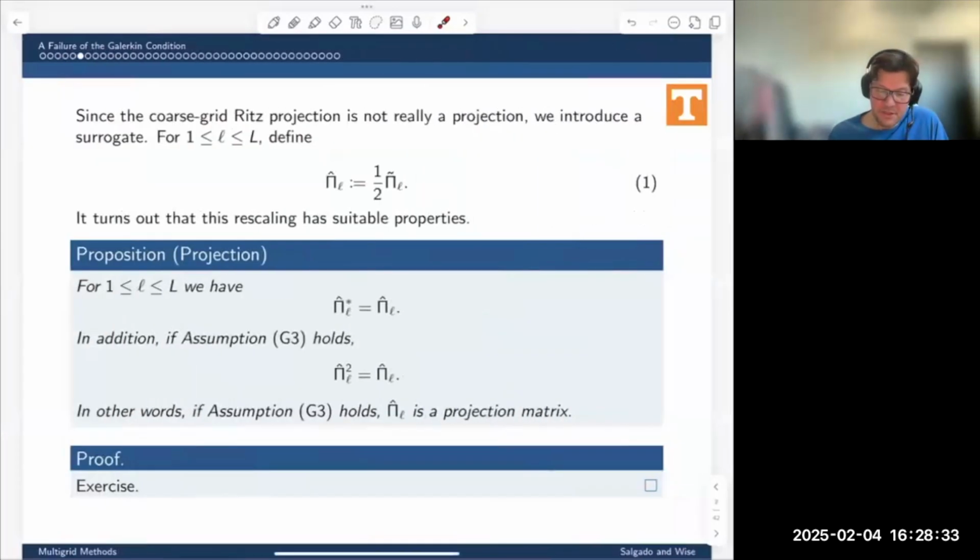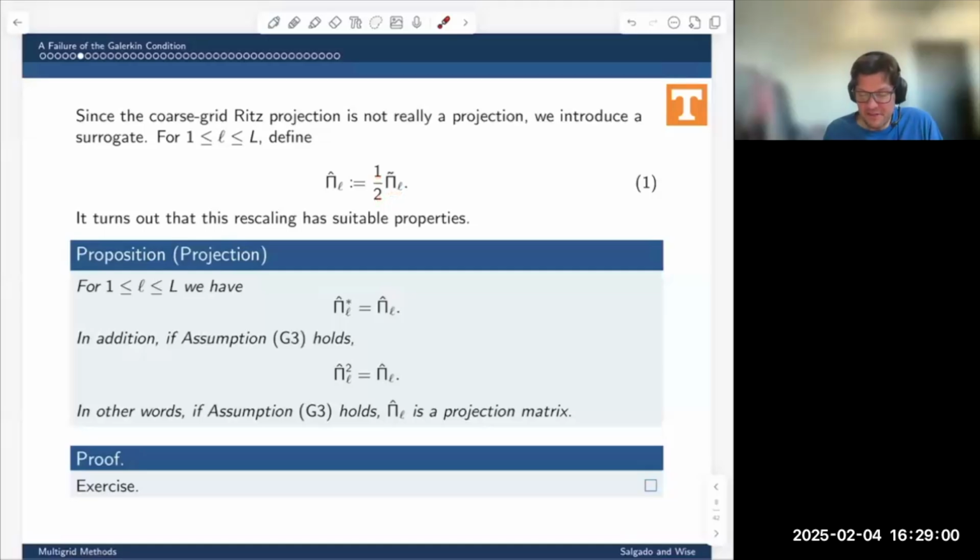All right, pretty easy. Now, since the coarse grid Ritz projection is not really a projection, we have to introduce something which is a projection to make our life easier. Now, it turns out the rescaling you need to do this is fairly simple. All I'm going to do is define this new object called the pi L hat matrix, which is 1/2 pi L tilde.